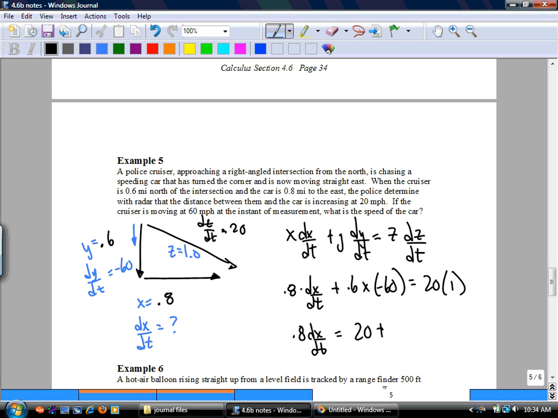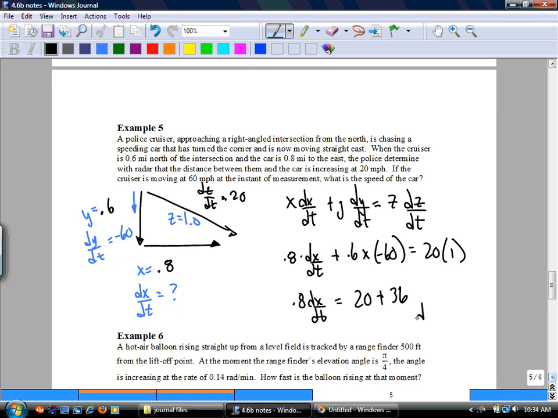Kick it back 1, it's 36. So dx dt is 56 divided by 0.8. I don't know, 70 miles an hour.